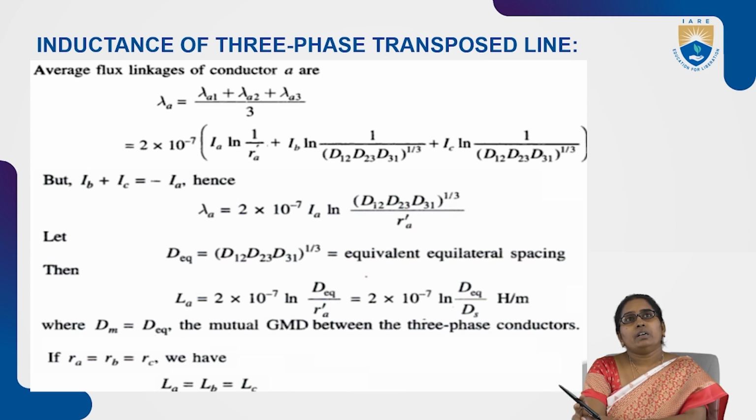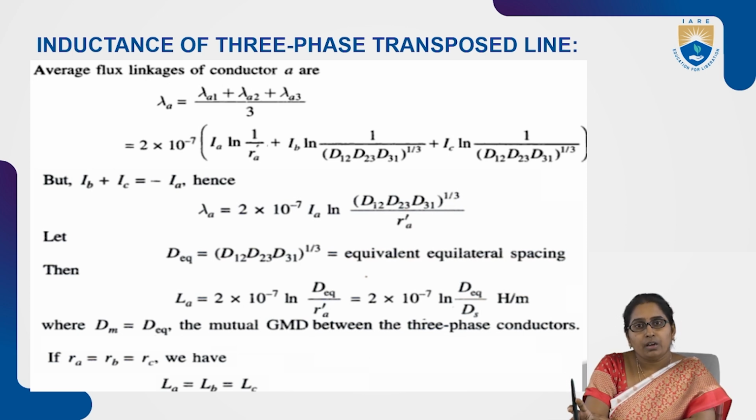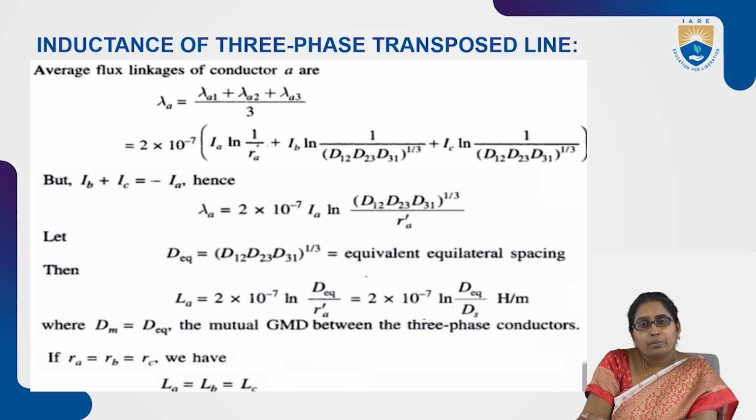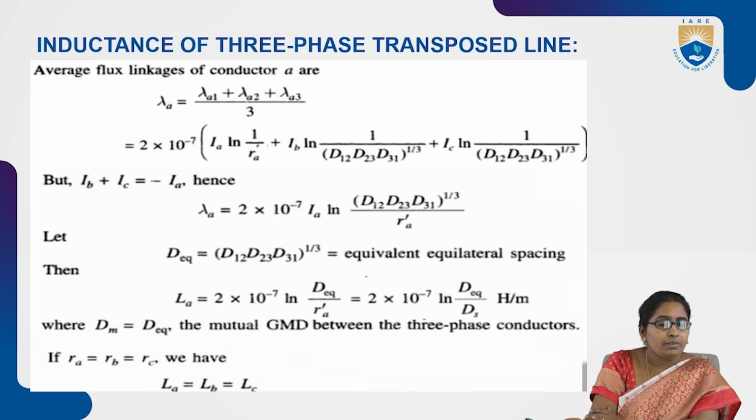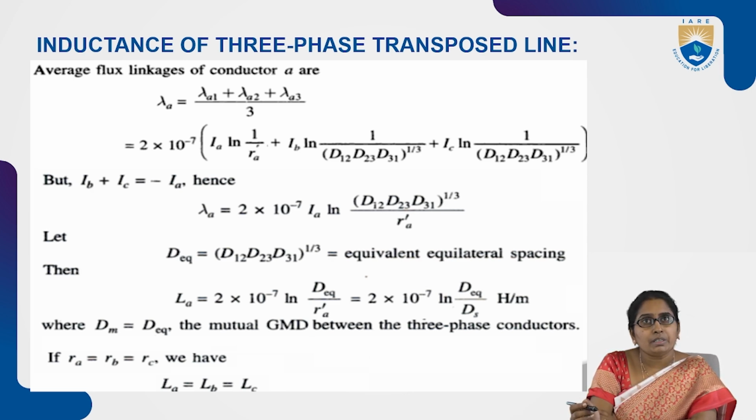Now, the average flux linkages of conductor A is given by psi A1 plus psi A2 plus psi A3, divided by 3.